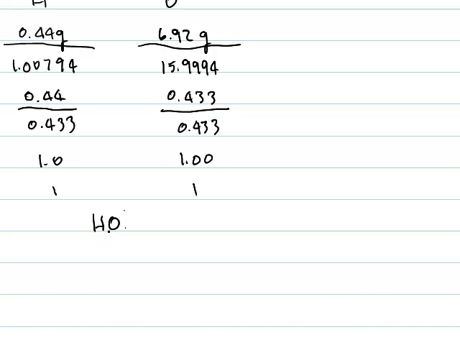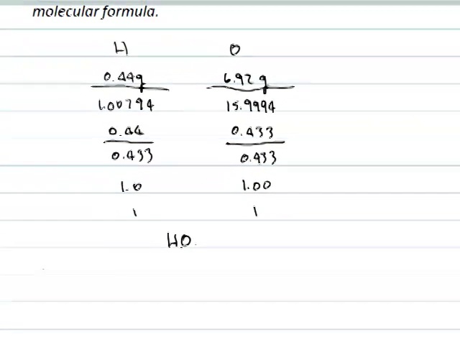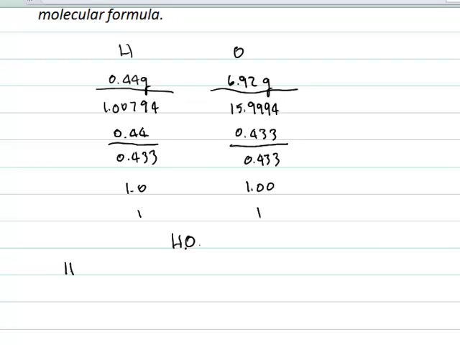Now, the formula mass indicated by this formula is, and we're just going to calculate this the way we've done before. We have 1 hydrogen, 1.00794, and 1 oxygen, 15.9994.